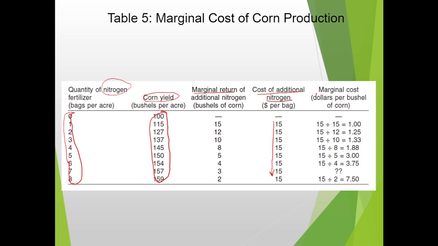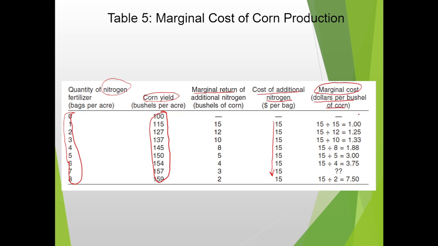And the marginal cost, which is in dollars per bushel of corn, what we are doing over here is dividing the cost of additional nitrogen by the marginal return of additional nitrogen, right?